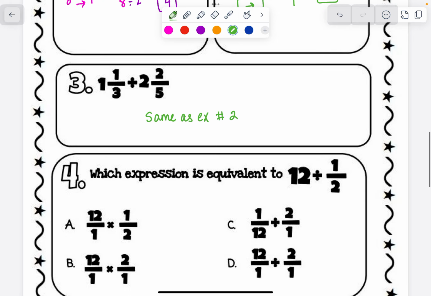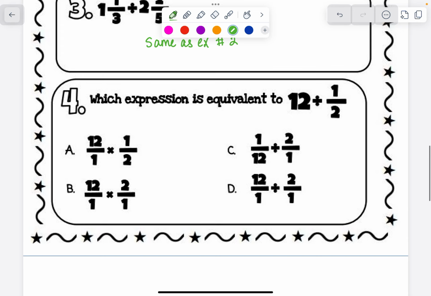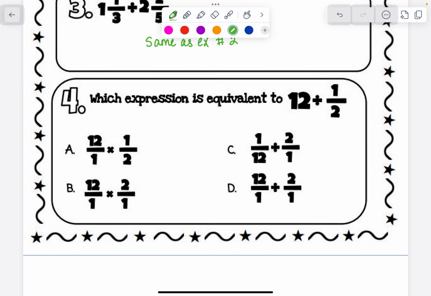Okay, let's go ahead and do number 4. Number 4 is a little bit different. I just want to know which expression is equivalent to 12 divided by 1 over 2. So let's ignore the answer choices right now, and let's just treat it how we would if we were going to solve it.